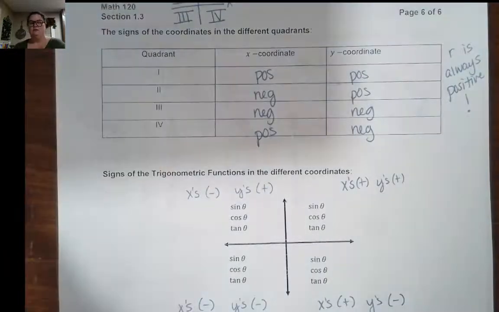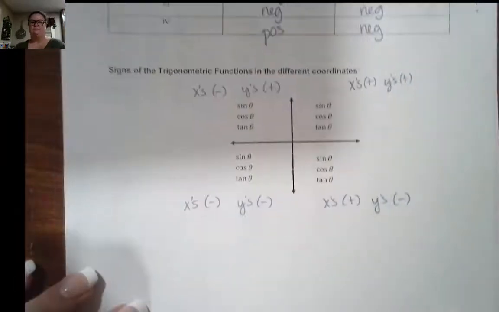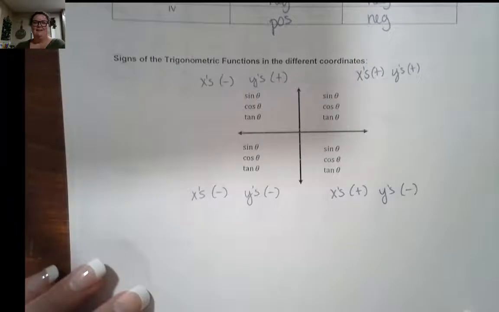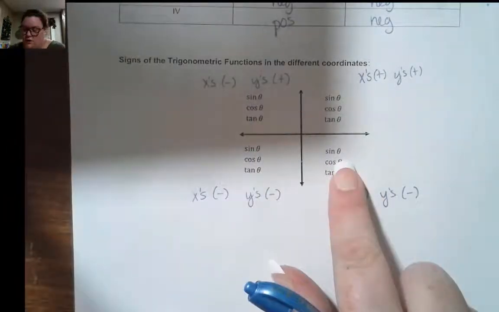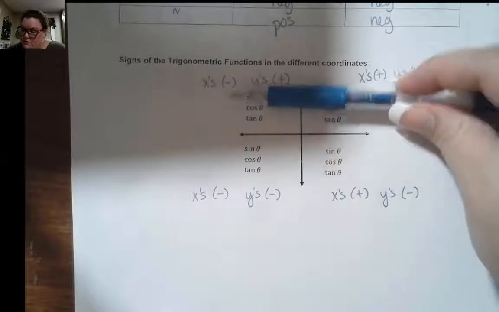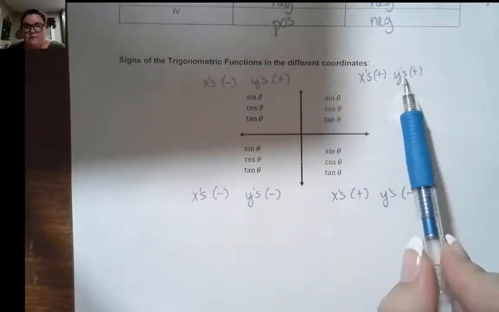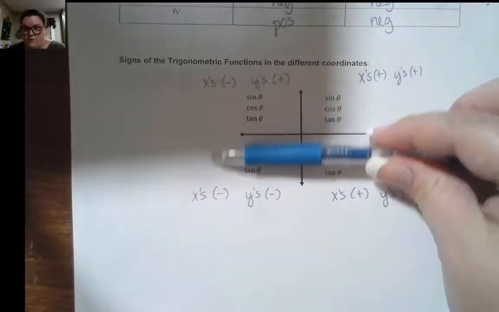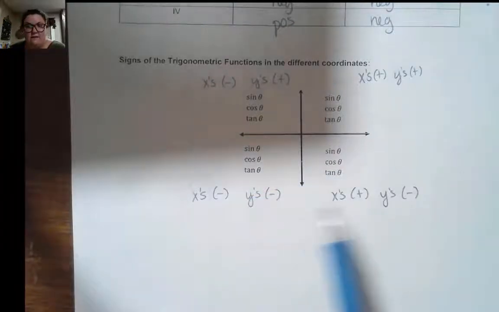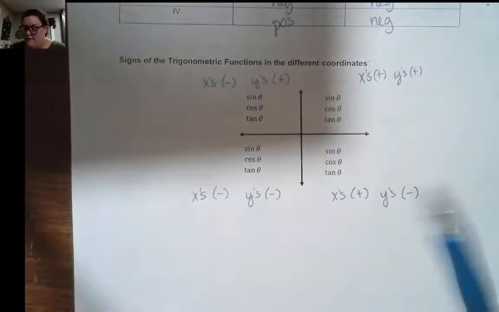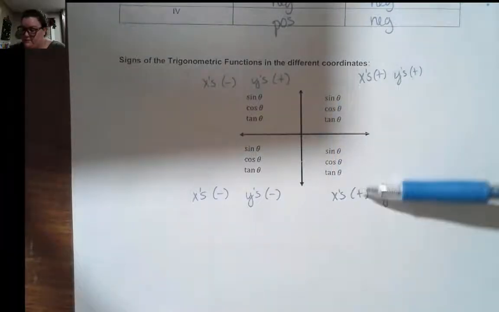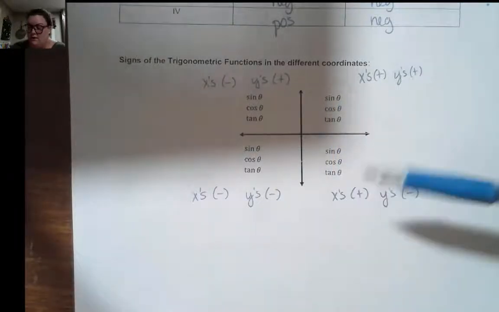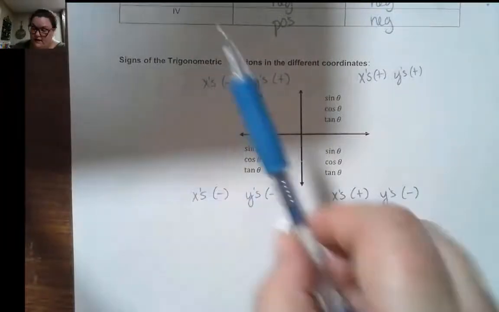Okay, so I'm going to just scoot this up and look at this. These are my quadrants, right? Notice on the top two, my y's are positive. On the bottom two, my y's are negative. On the right side, my x's are positive, and on the left side, my x's are negative.